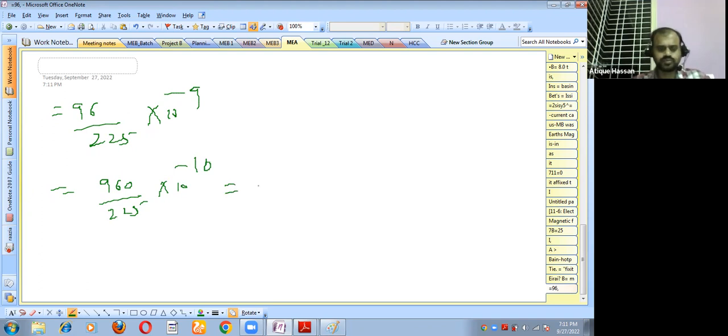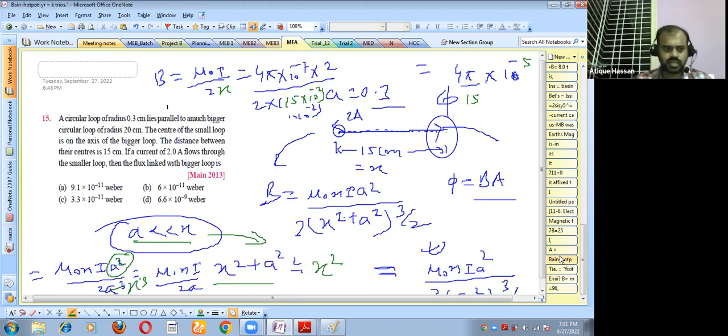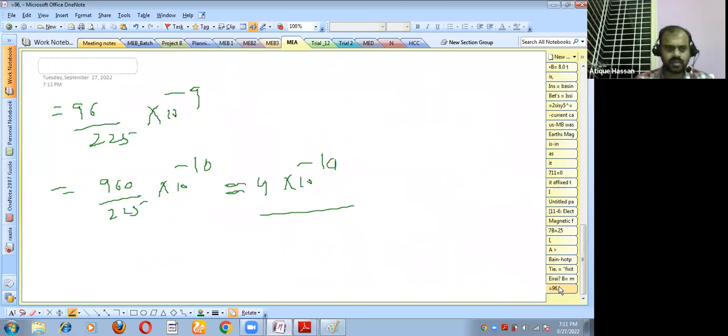So approximately 4 into 10 to the power minus 10, approximately less than 4, like 3 point something into 10 to the power minus 11.